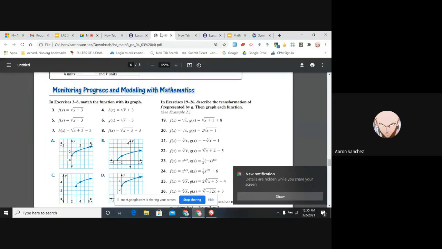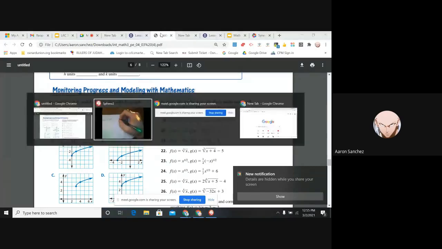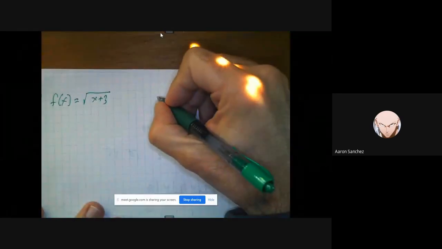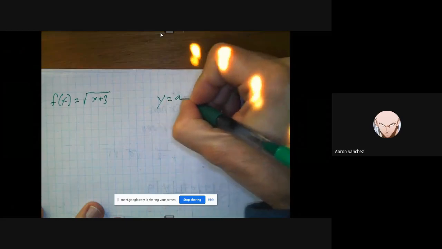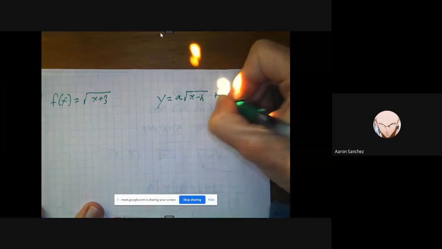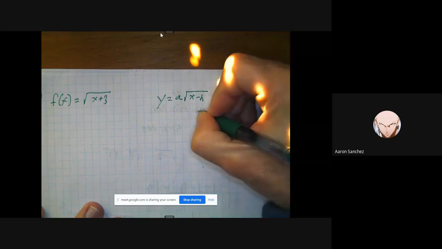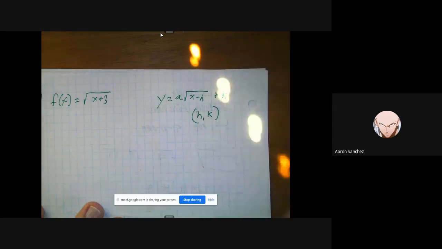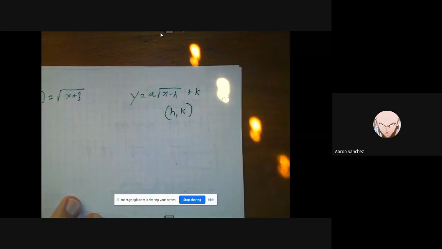Now, we can write our square root function as y equals a times square root of x minus h plus k. Remember that h and k are the horizontal and vertical shift.